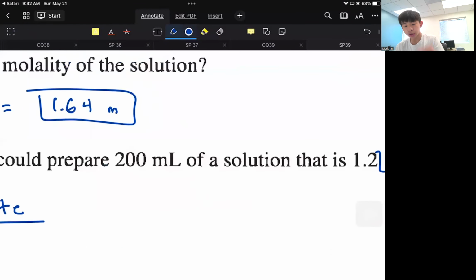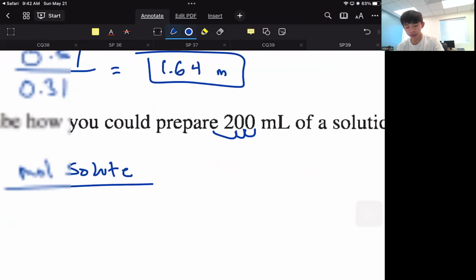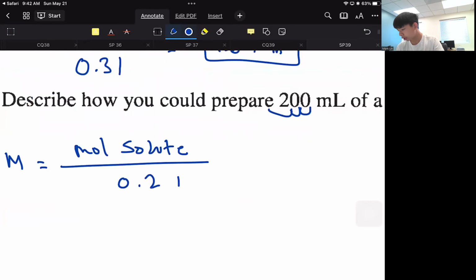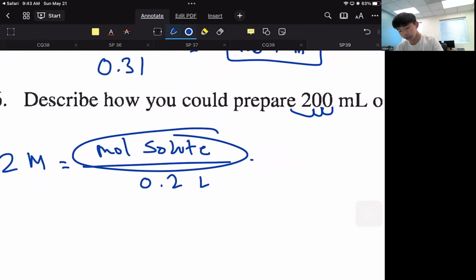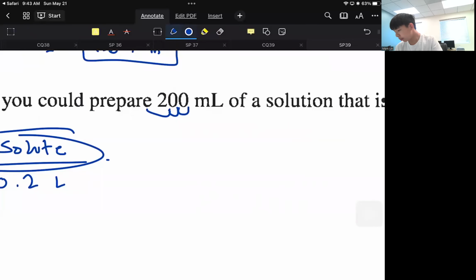You have 200 milliliters of solution, so move it 3 decimal places to the left, 1, 2, 3, 0.2 liters. You isolate the moles of solute, and it's going to be 0.24 moles.